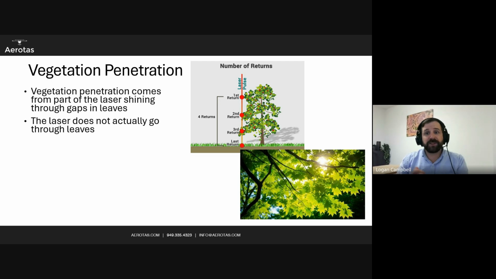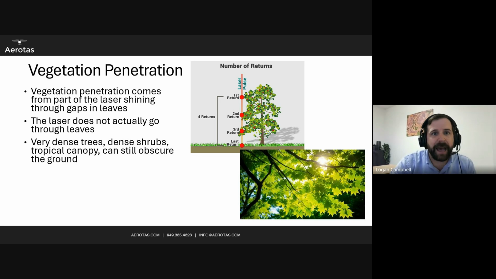Contrary to popular belief, LiDAR sensors or lasers cannot actually go through leaves. They don't actually penetrate anything or see through anything. They're just such a dense cloud of laser pulses that it's able to find the gaps.